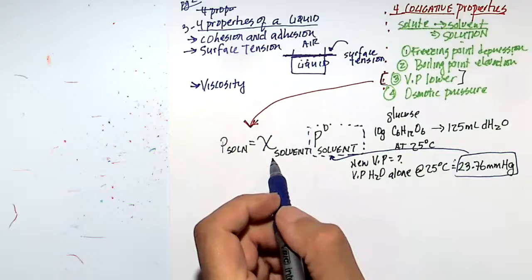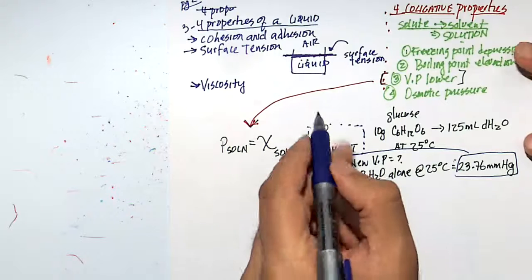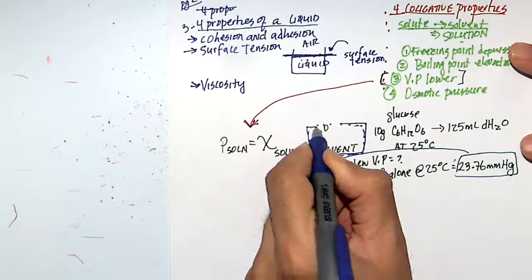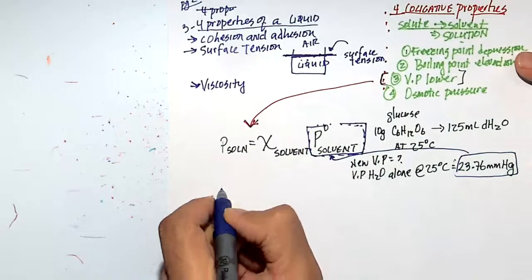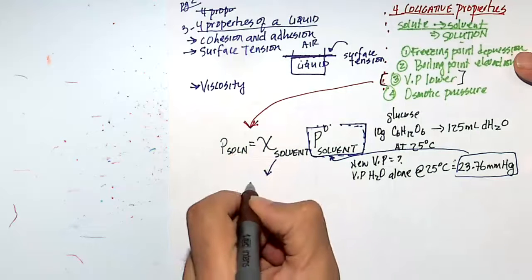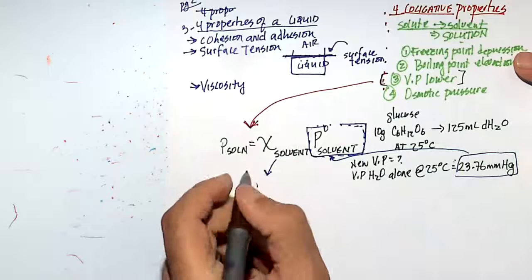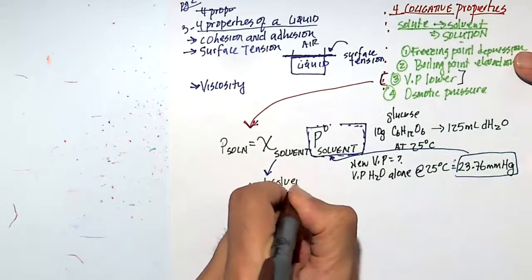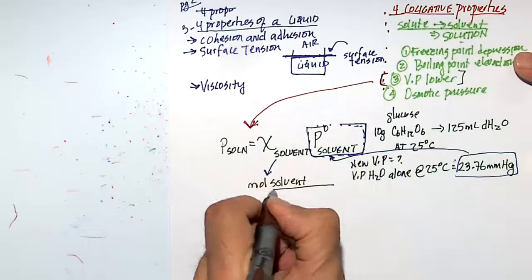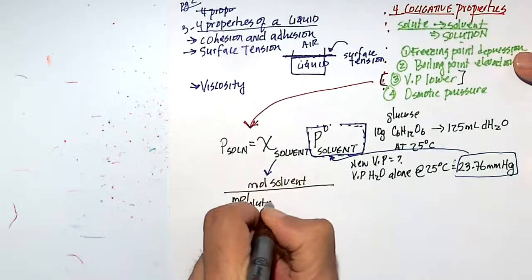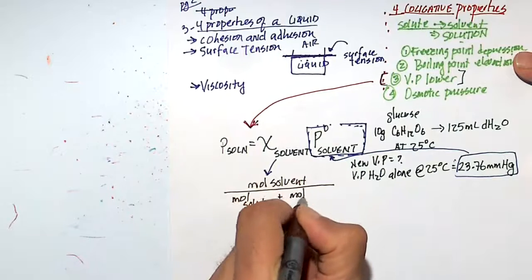How will we calculate the mole fraction of the solvent? This is the moles of the solvent divided by moles of solute plus moles of solvent.